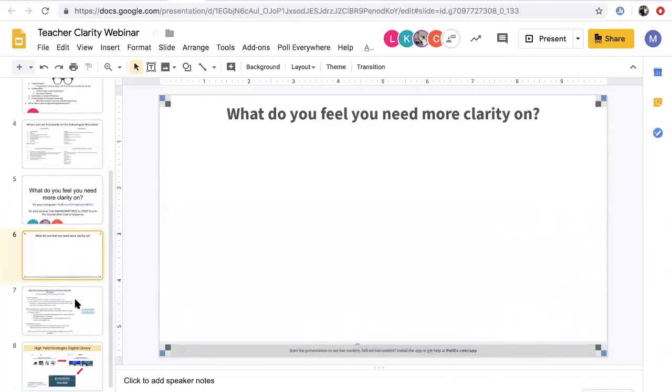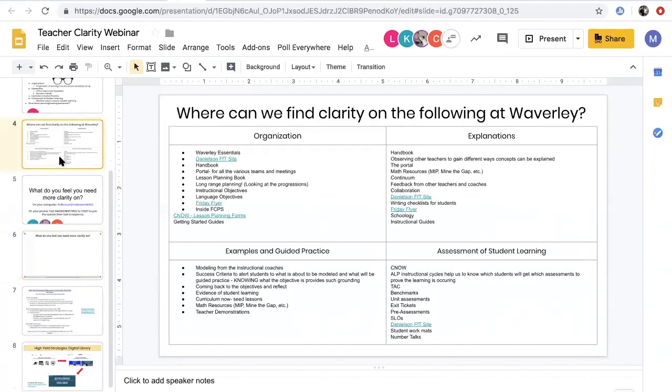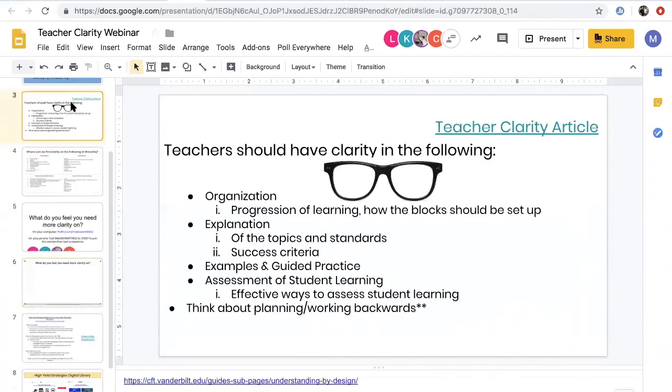Okay, so I hope this was helpful. I hope we got some clarity. Are there any questions on where we can find clarity, what teacher clarity really is? Anything along those lines? I'm anxious just to dig into the resources that you gave us. It's nice that it's all there together on your high yield strategies.